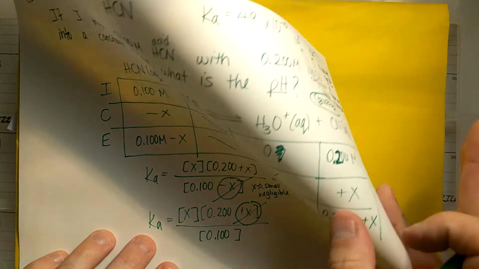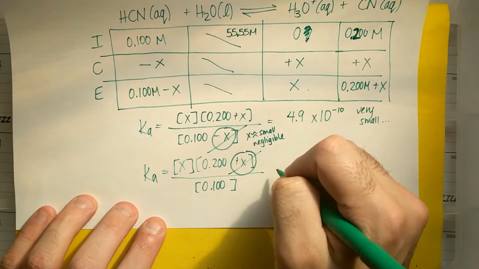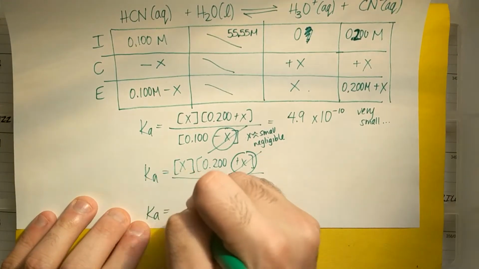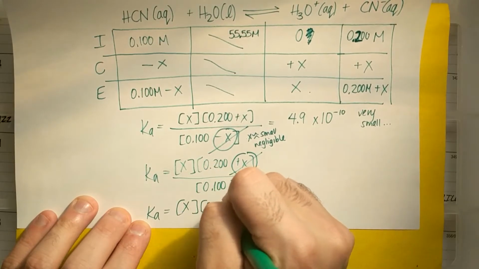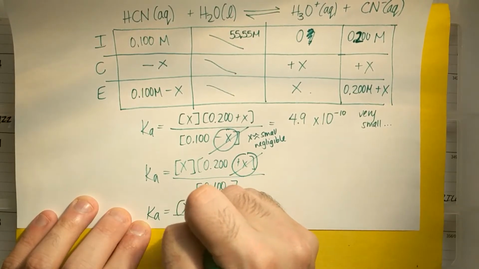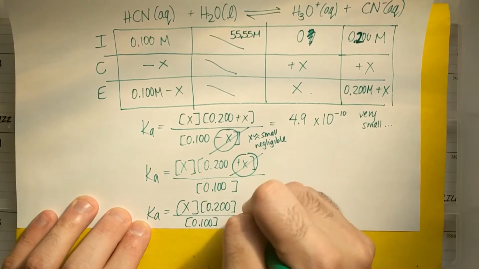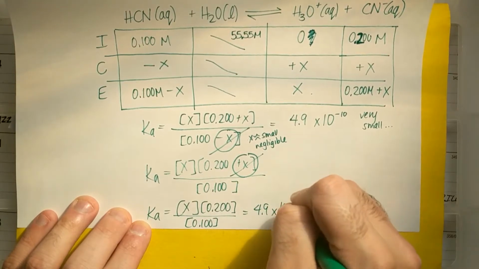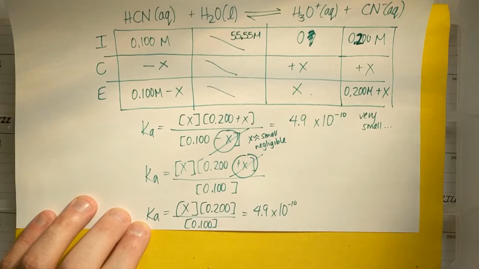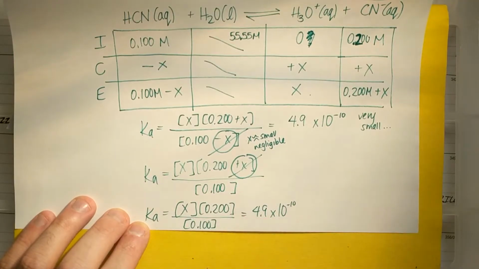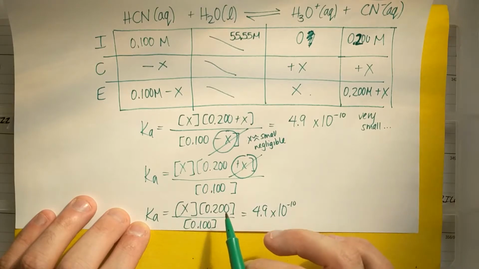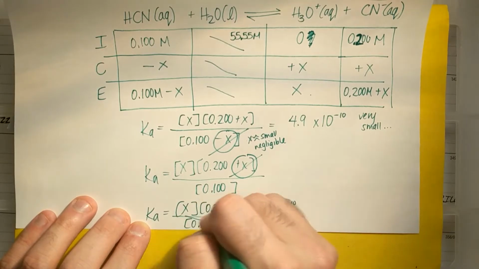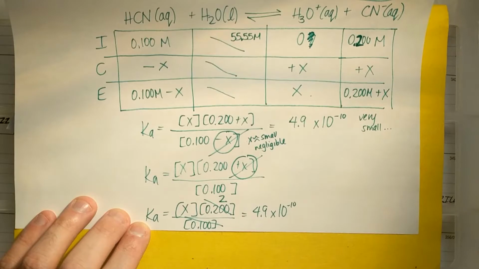So now I could actually simplify this equation even more and say that my Ka is equal to x times 0.200 over 0.100, which is equal to 4.9 times 10 to the minus 10th. I don't have to do any quadratics now. This has gotten so much simpler. 0.2 over 0.1 is equal to 2.